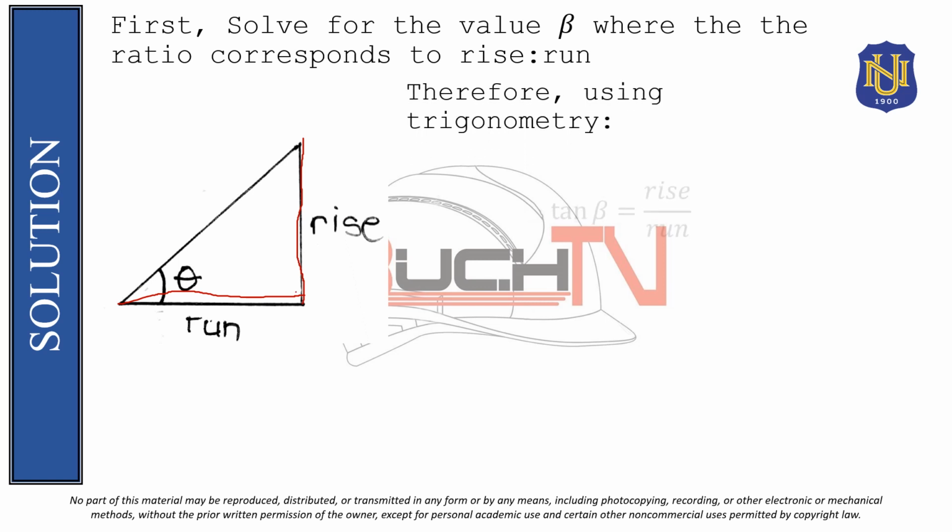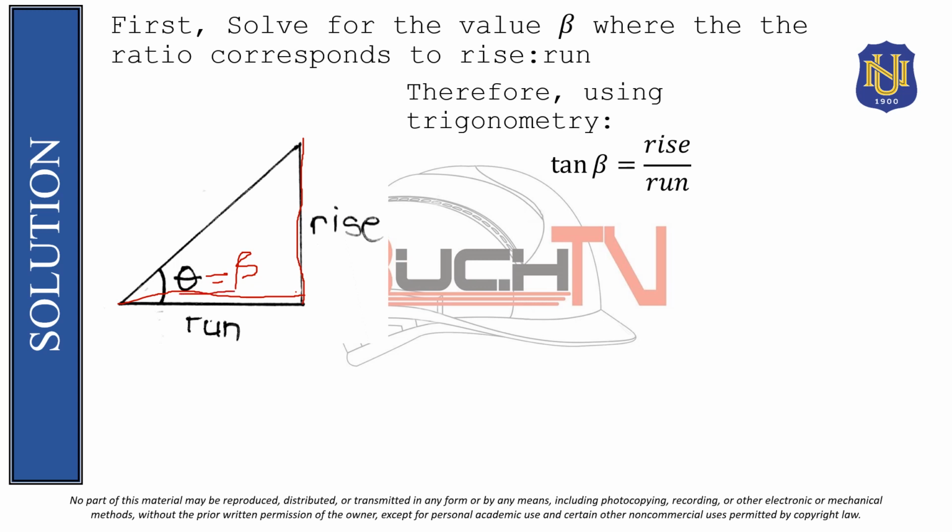So using trigonometry, we will have the tangent of beta. This angle will correspond to an angle beta. So if the given is rise is to run, from trigonometry, from SOHCAHTOA, tangent is equal to opposite over the adjacent.